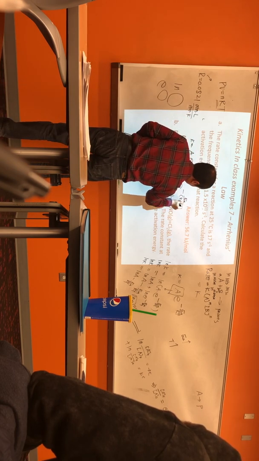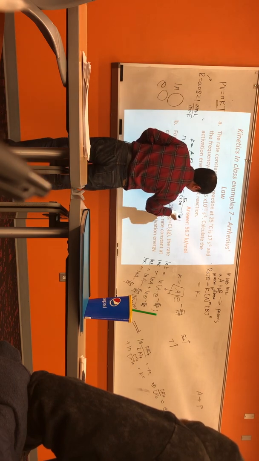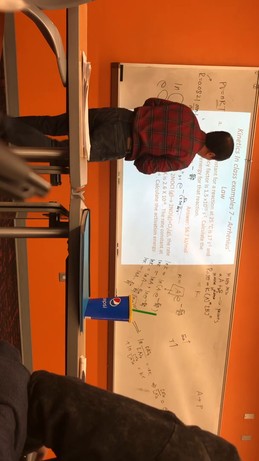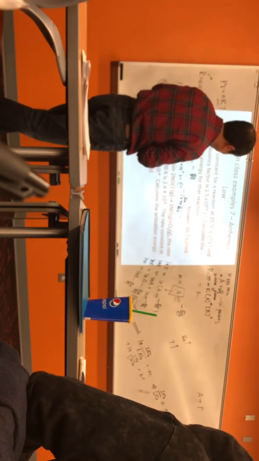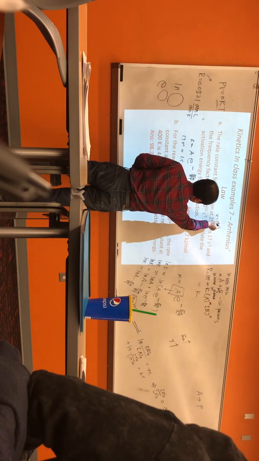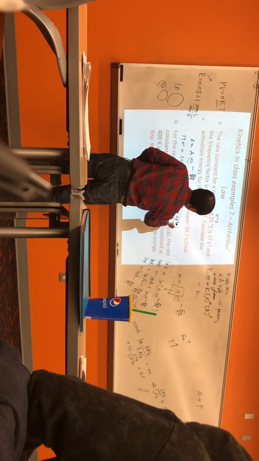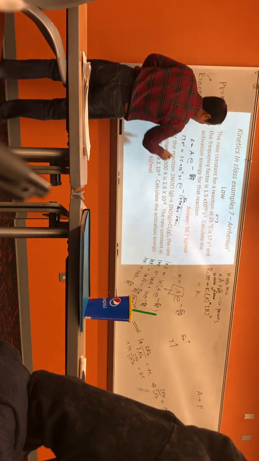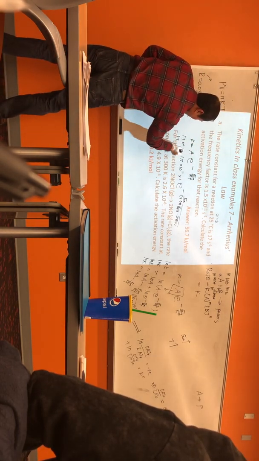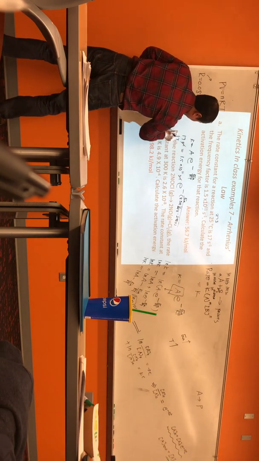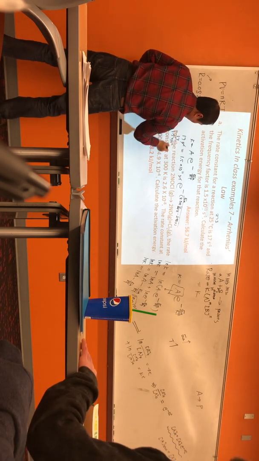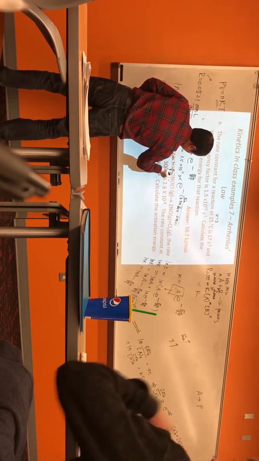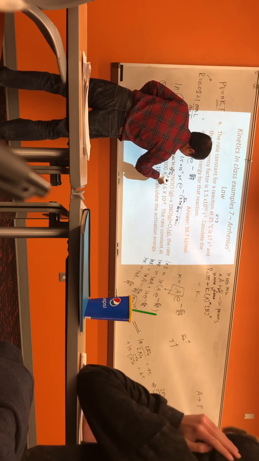R is 8.314 joule per mole per Kelvin. Temperature is 25 Celsius, which means if you add 273, it's 298 Kelvin. So from here you could use 17, and this unit will cancel. Divided by 1.5 times 10 to the 11 equals e to the negative EA over 8.314 times 298.